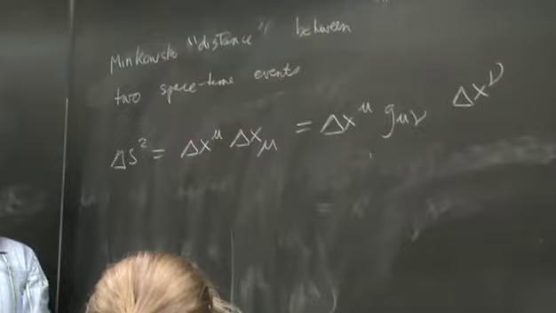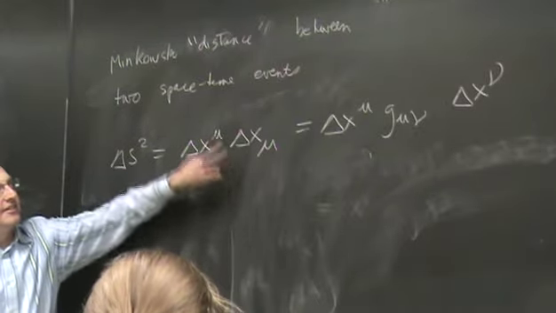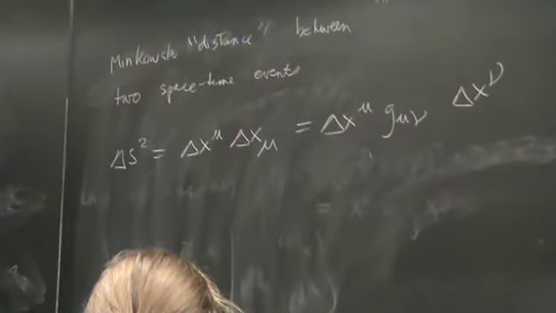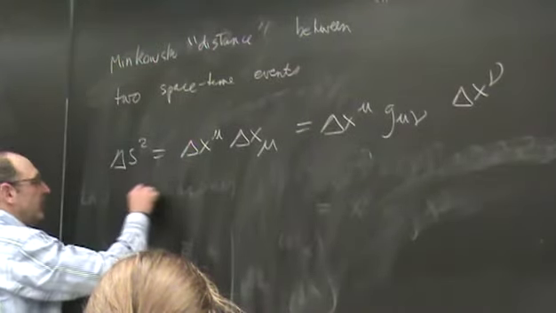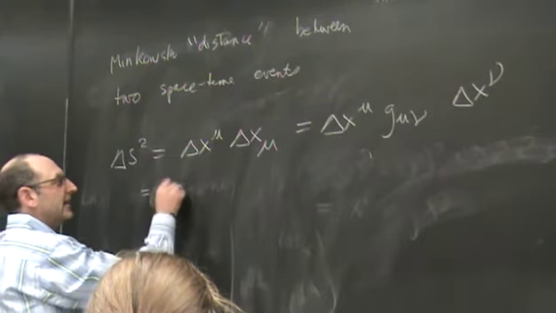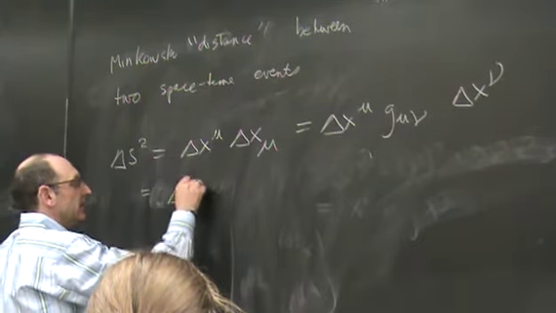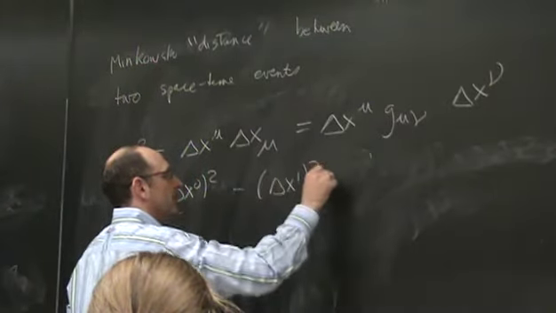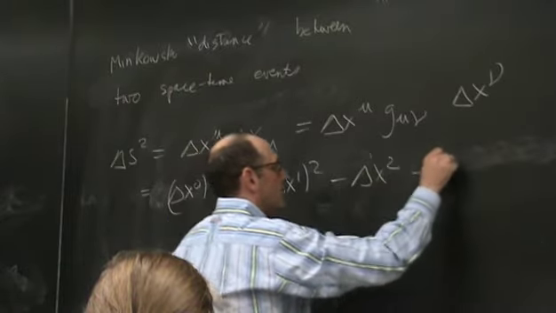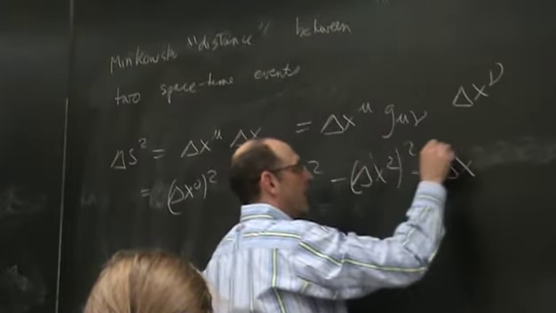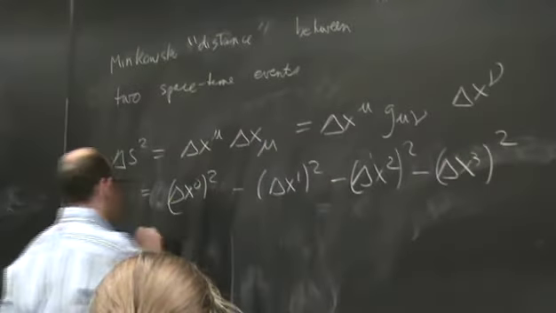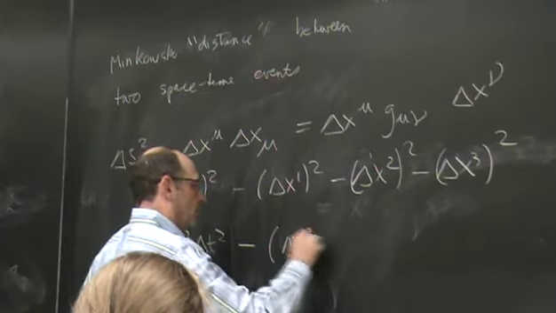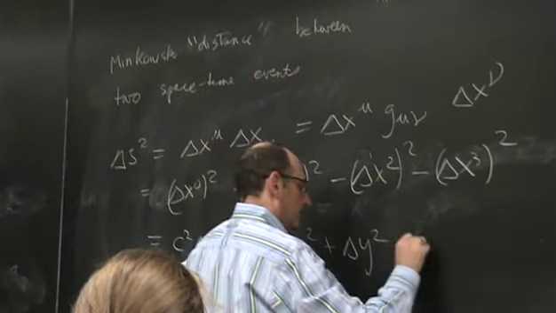Because I can lower an index, summing over two indices, lower one, raise one, put a g mu nu in the middle. That's equal to delta x0 squared minus delta x1 squared minus delta x2 squared minus delta x3 squared, which is c squared delta t squared minus delta x squared plus delta y squared plus delta z squared.